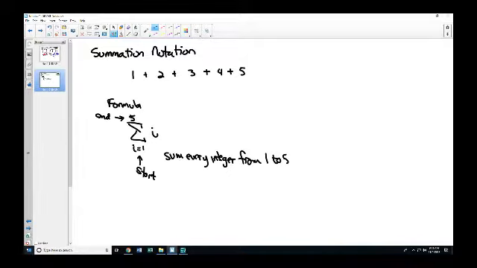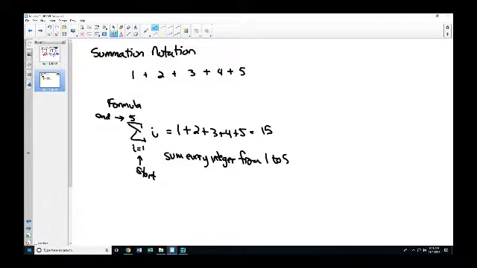So start at 1 plus, what's the next one? 2, plus 3, plus 4, plus 5, equals something, right? 15. That's how we would write that as a sum in summation notation.